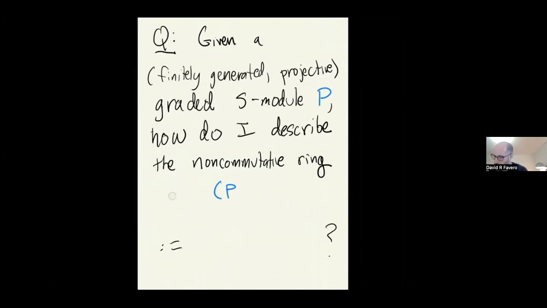Let me put Hom(P,P) in degree 0 is what I mean. So, endomorphisms as graded modules.